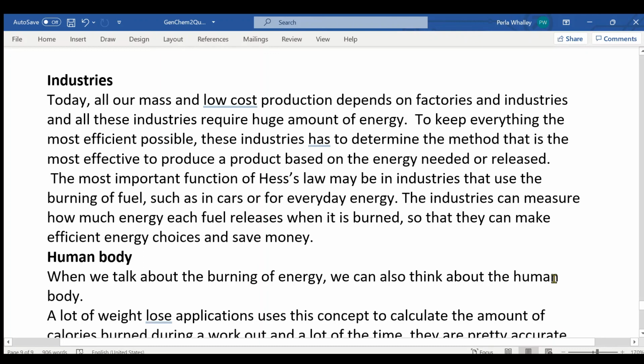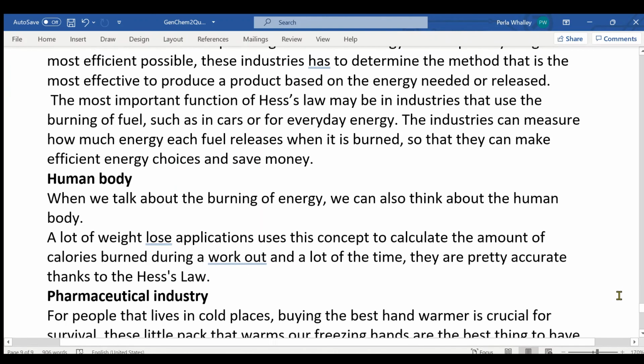The most important function of Hess's law may be in industries that choose the burning of fuel, such as in cars, for everyday energy. The industries can measure how much energy their fuel releases when it is burned, so that they can make efficient energy choices and save money.